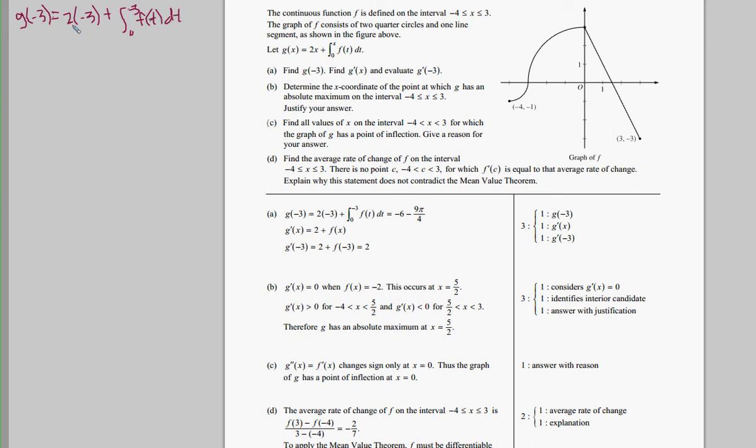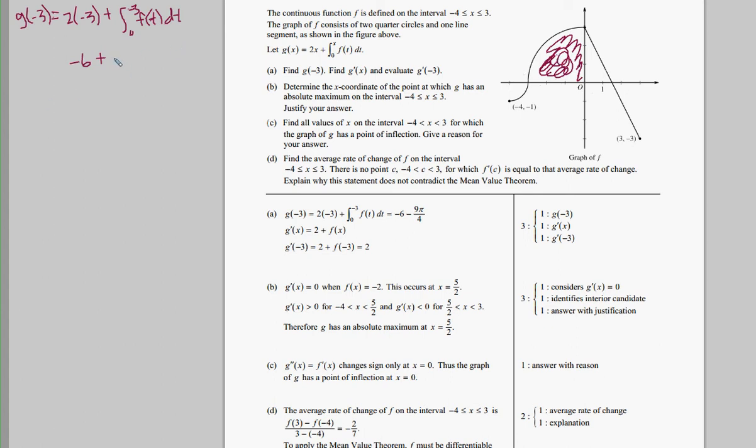Okay, so 2 times -3 is -6, plus the integral from 0 to -3. 0 to -3 would be the area of this quarter circle right there, but realize I'm going backwards. So I have the integral from 0 to -3, but I'm going backwards and it's above, so it's going to be a negative area.